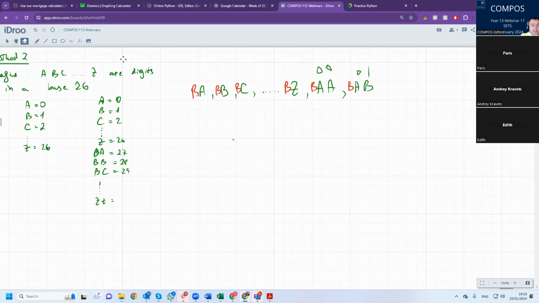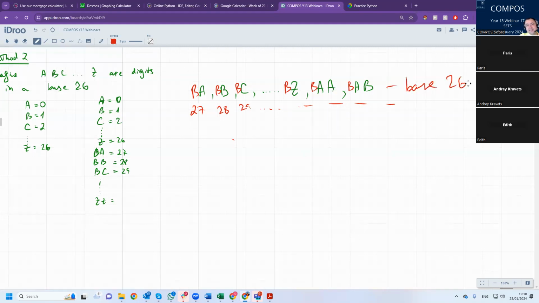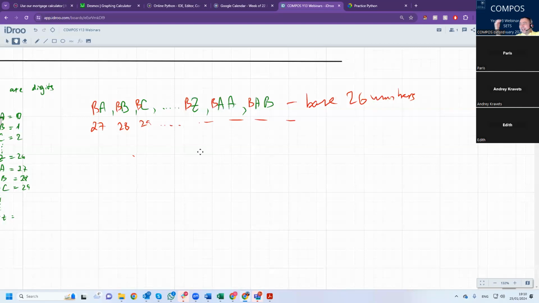And now we have a sequence of numbers, starting with 27, 28, 29, etc. And certainly a set of natural numbers. So these are base 26 numbers starting from 27, which is a countable set.